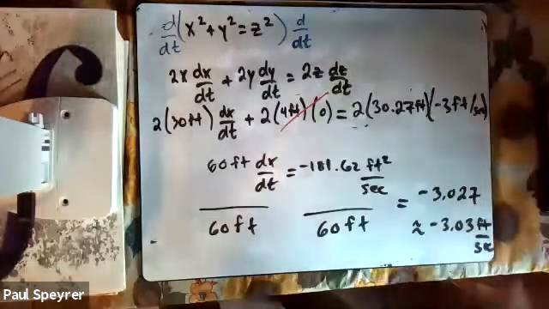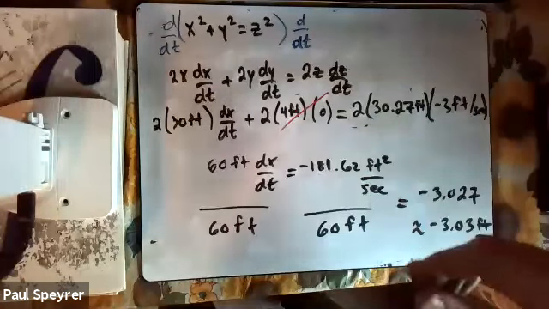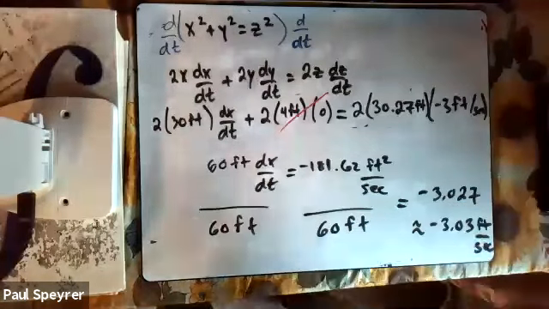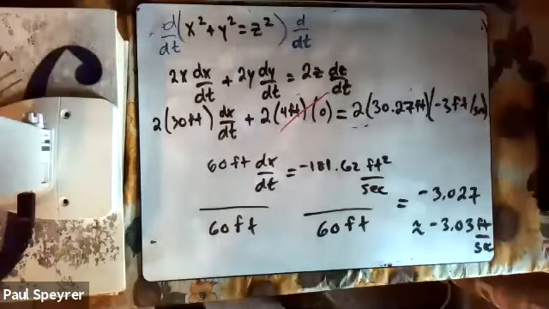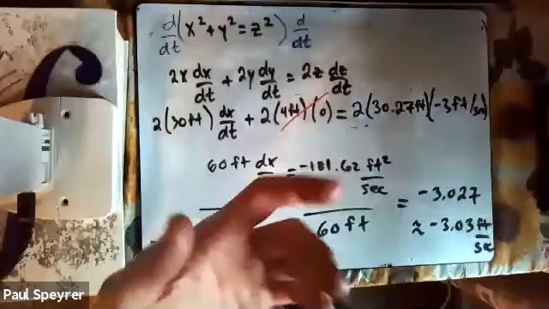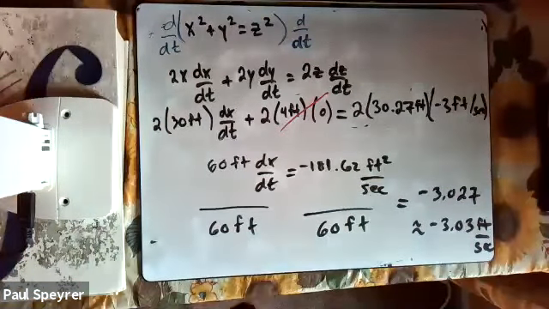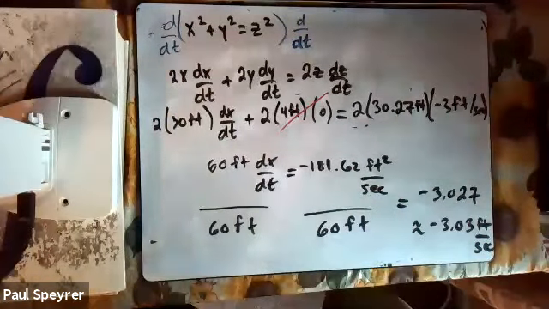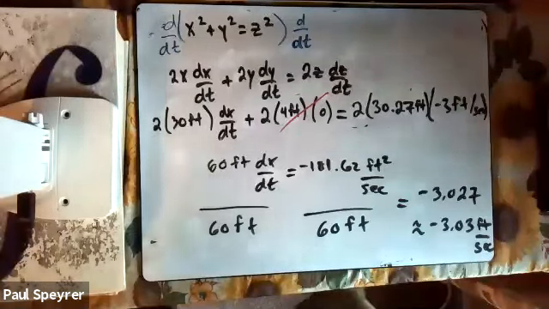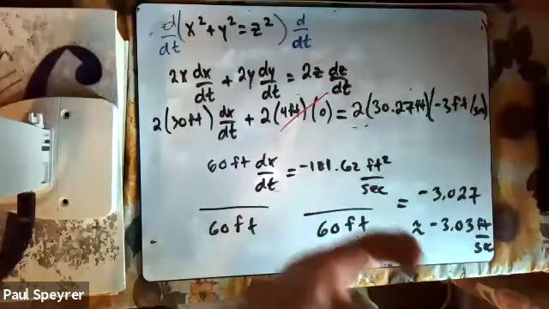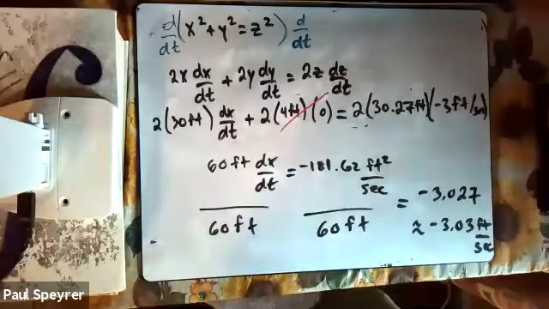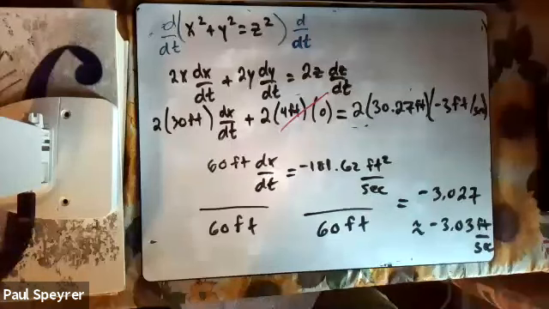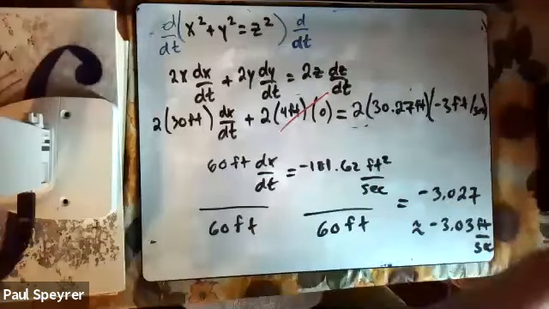So remember, the steps for solving these: the first one is to figure out what geometric formula you're working with. Like you could have squares, circles, spheres, cones, triangles, rectangles, whatever. Then you just make a list of what you know and don't know. Anytime they give you a length, a width, a height, a radius, and then when you see a phrase like change in, rate of change, decreasing of, increasing of, that signifies the derivative of a specific letter, because derivative is a rate of change.